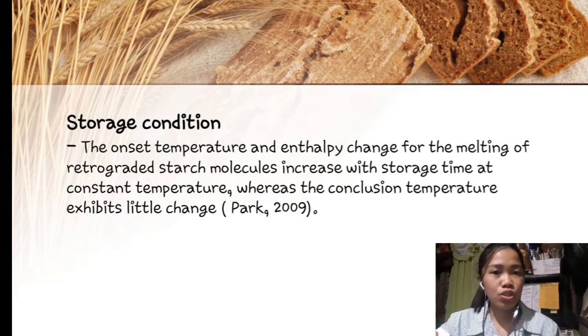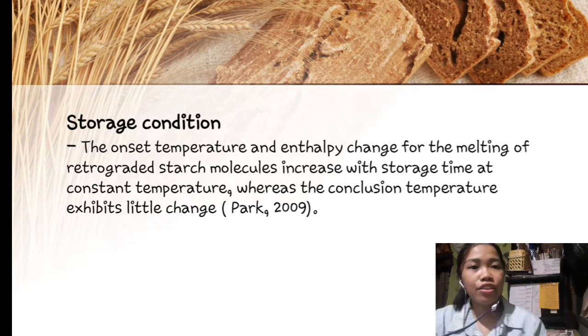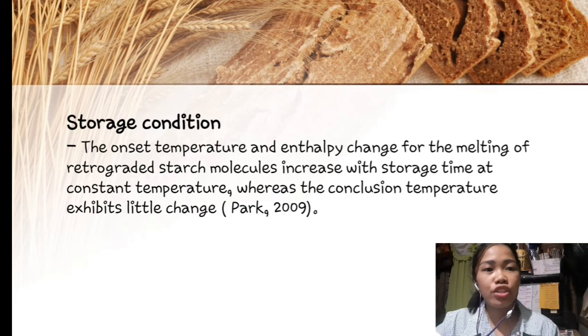The last factor that influences retrogradation is the storage condition. The onset temperature and enthalpy change for the melting of retrograded starch molecules increase with storage time at constant temperature, whereas the conclusion temperature exhibits little change.